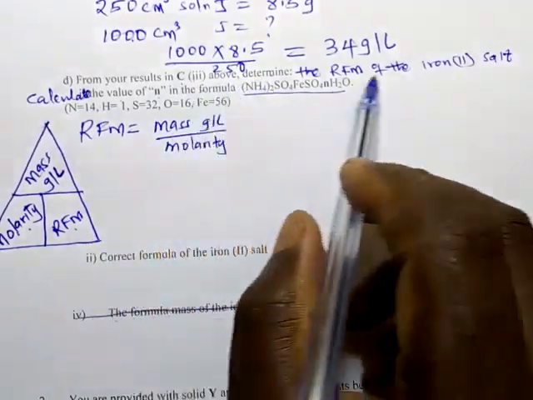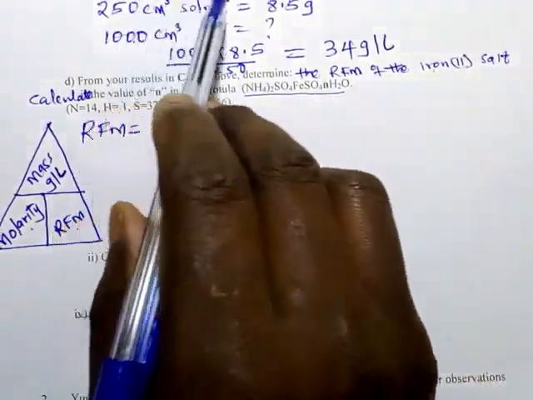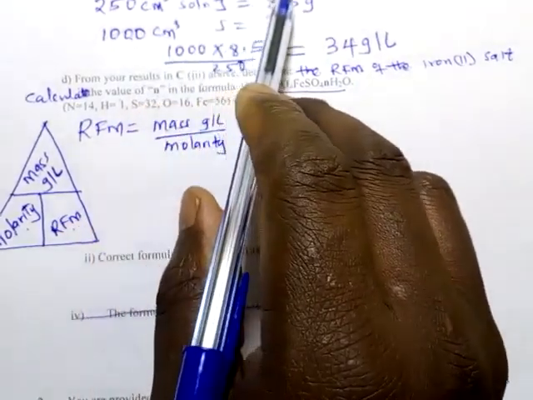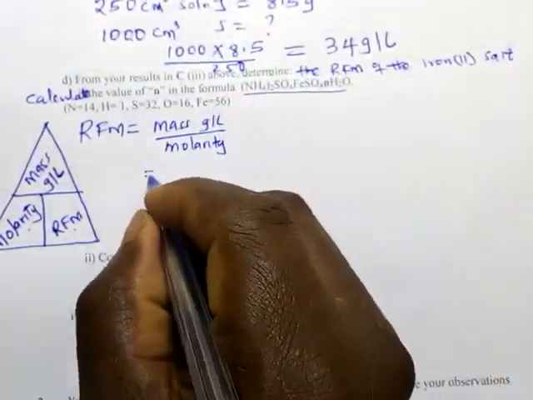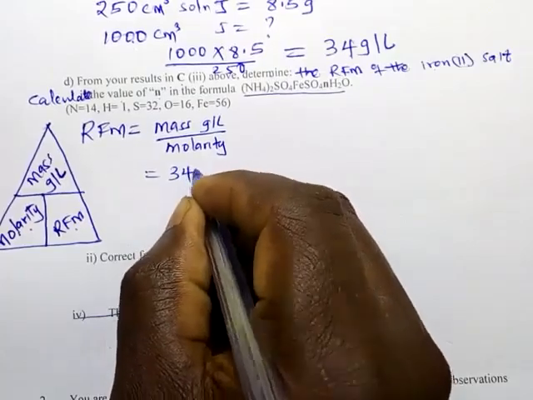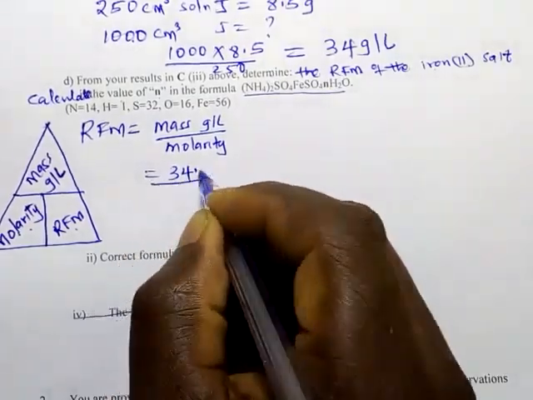We are talking about the iron 2 salt, which is solution J. We have the mass in grams per liter, which is equal to 34, divided by the molarity.